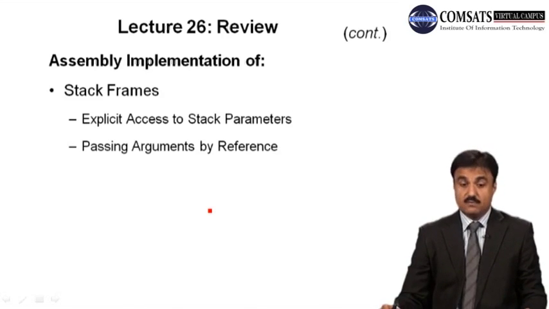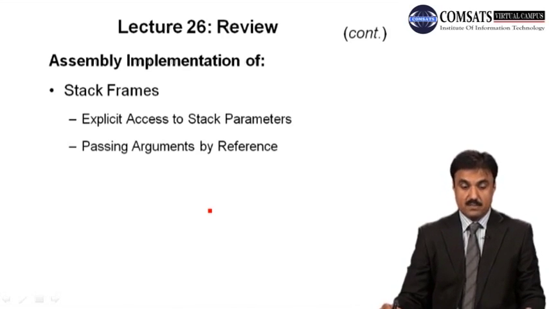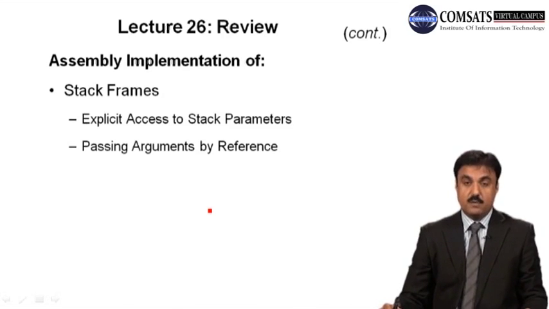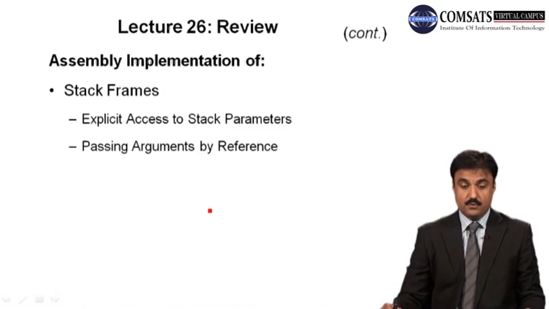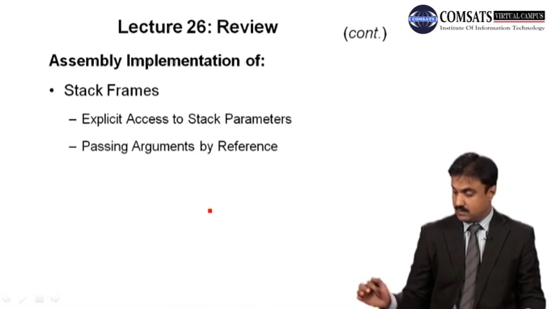The main purpose of the stack frame is how we can store and access those parameters from that area. There are different methods. We use explicit access to the stack parameters, so we use one register to access these parameters, and then we saw one example regarding passing arguments by reference. This is the overall review of the previous lecture, lecture number 26.